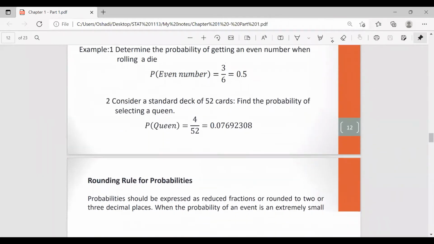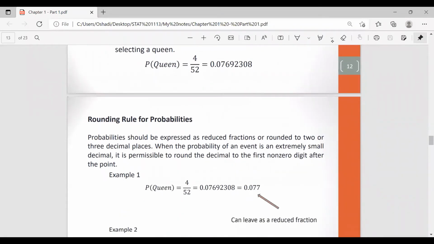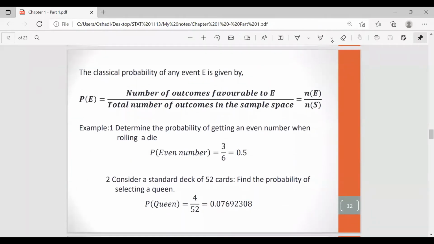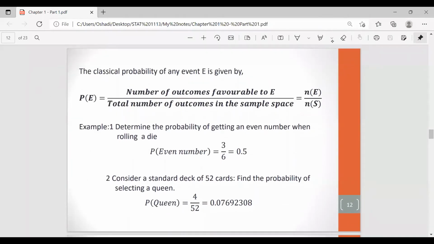So now we are going to learn another important thing, the rounding rule for probability. In this 12th slide, you can see that in example 1, the probability is 0.5, and in example 2, 0.07692. So there are so many values there, right?